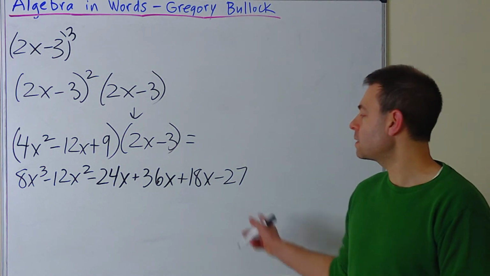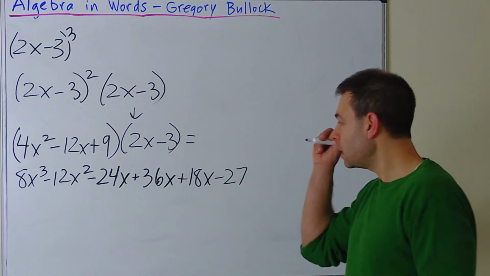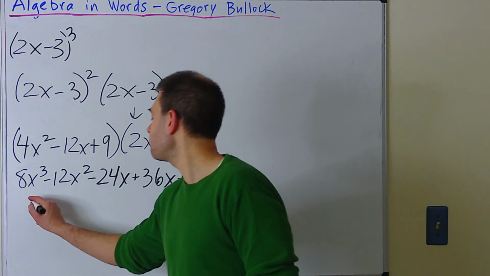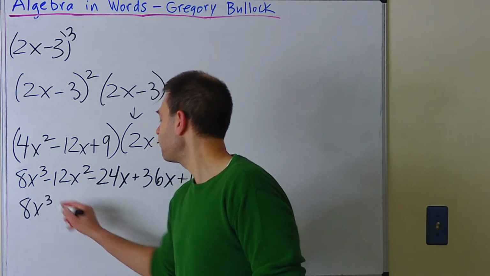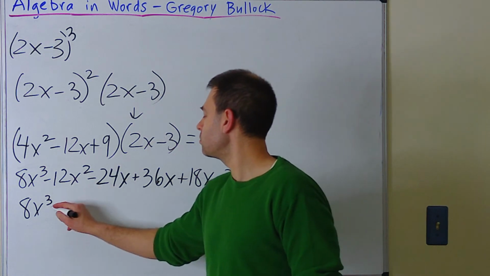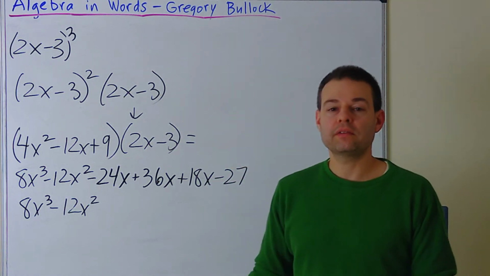So now we're going to go back to the left, and we're going to look for any like terms that we can combine. Are there any like terms with 8x cubed? No, so we'll write that. What about with x squared? The only term is this one, so we'll write that, negative 12x squared. What about terms with x?